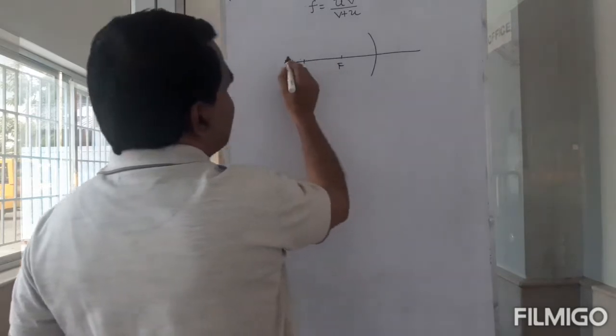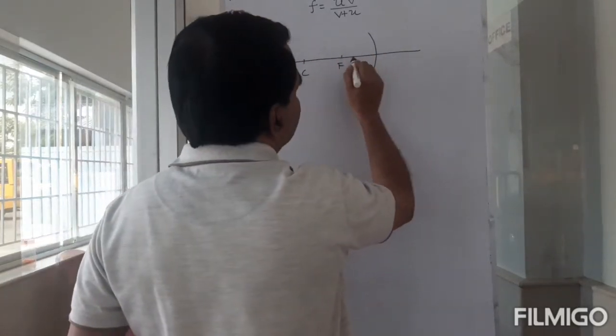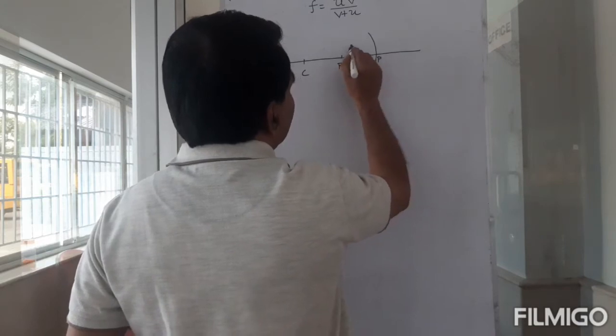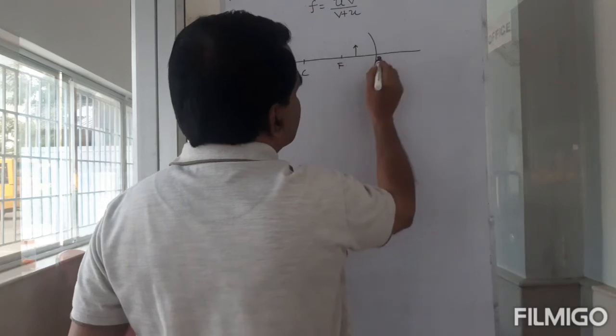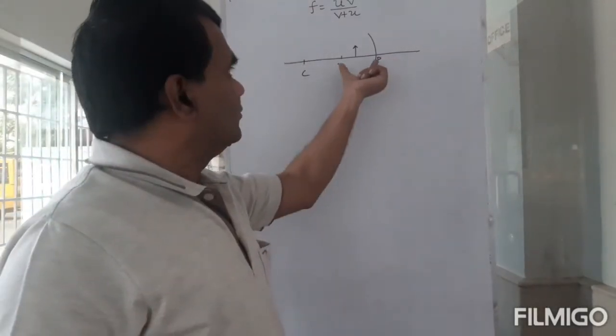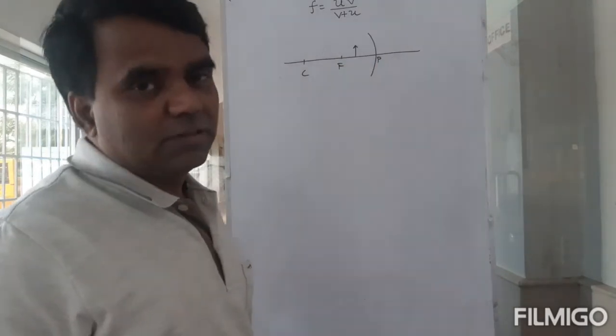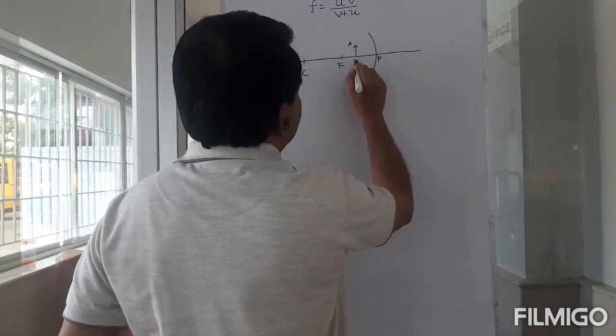Initially I kept the object here, right? Now I'm going to keep the object here, and this is P. So I'm going to have the object here, that is between the pole and the focal point, within F. So this is my A, this is my B.